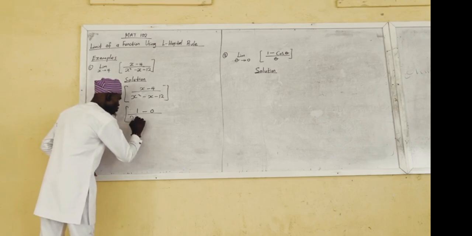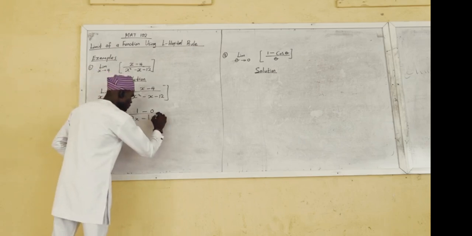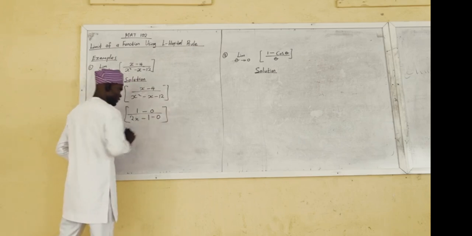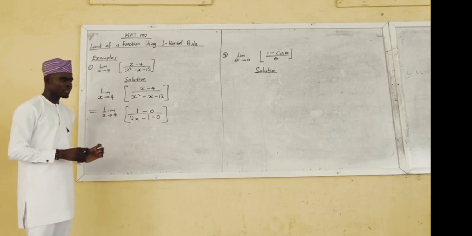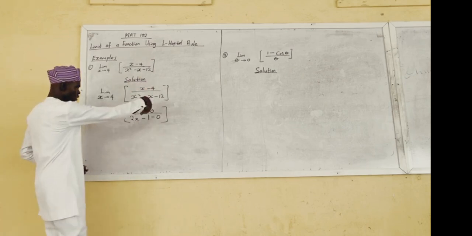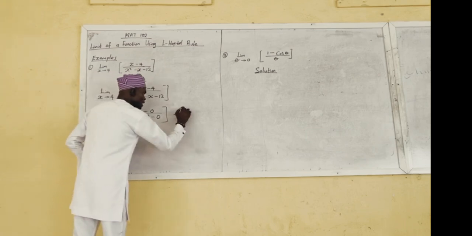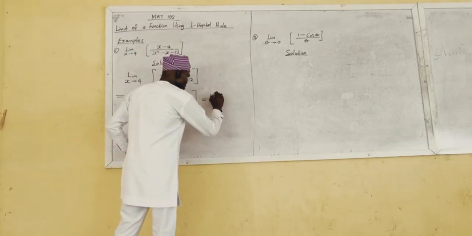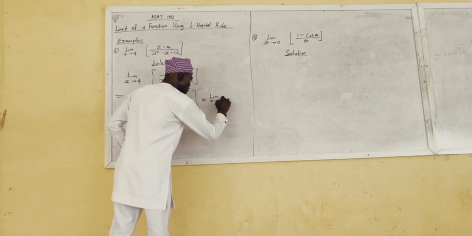That should give us 2x minus x to give us 1, and 12 will give us what? 12 will give us 0 as a constant. Are we together? Now, we have this. Let's try and make some amendment. Let's rearrange to clear all these zeros. So here now, we're supposed to have something like our limiting expression as x tends to 4.